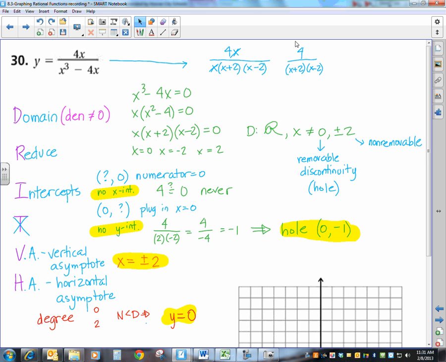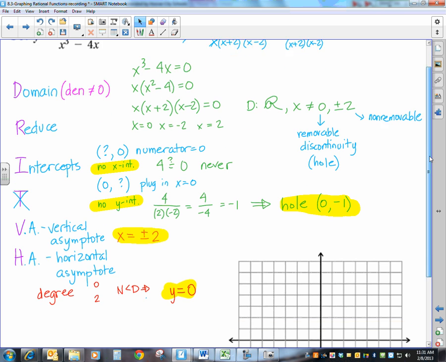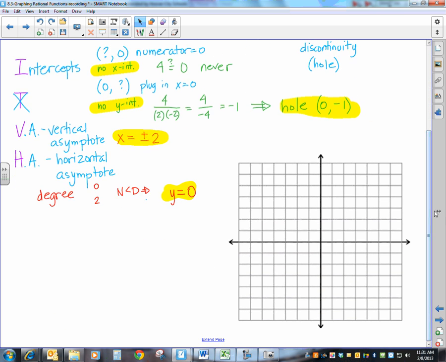Okay, first off, we want to graph our asymptotes. So we have our vertical asymptotes at x equals -2 and x equals +2. And then we have a horizontal asymptote. I just write the equation because at this point it's kind of hard to see over our actual axis.